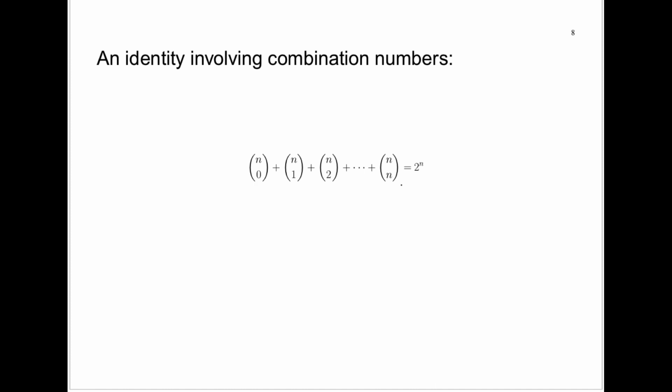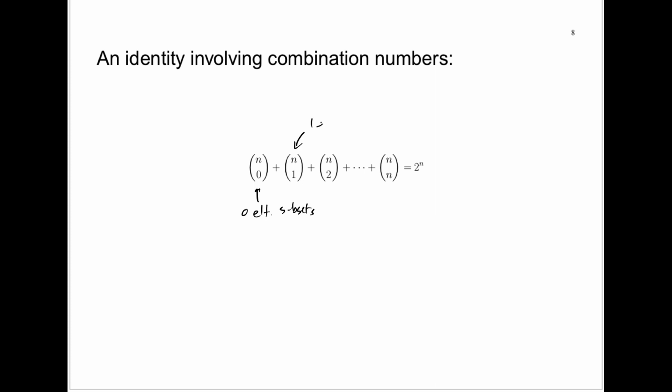Why is that? Well, one can actually prove this in a variety of ways, but we'll give a combinatorial proof. That means a combinatorial argument that this is true. And the idea behind a combinatorial proof is you look at both sides of an equation and ask, what do these formulas count? Well, on the left side, we have the sum of these combination numbers. This counts the 0-element subsets of an n-element set.